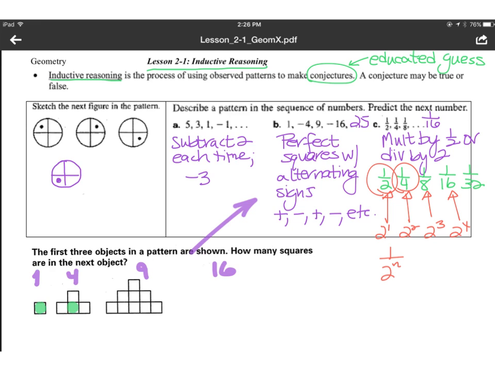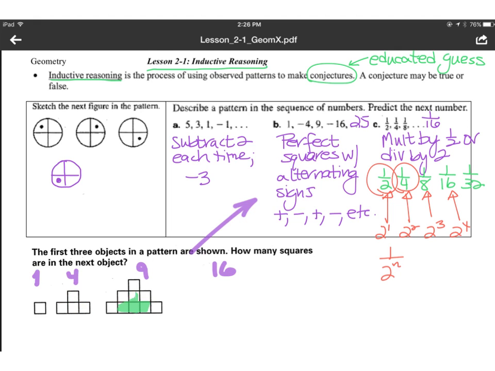So we're going to copy that little square over and then put little squares all around it on the sides and top. So then if we do the same thing in our next step here, now we're going to take the previous little diagram that we have, and we're going to build it. You can kind of see it here by putting the little squares around the sides and on top.